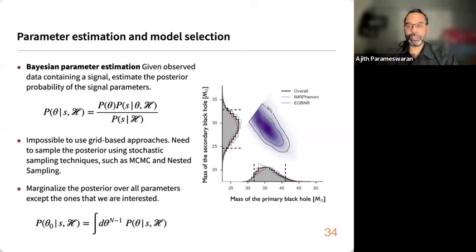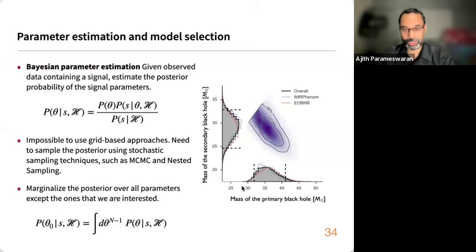So using a stochastic sampling method like Markov chain Monte Carlo, one basically computes samples from this posterior distribution. And often, if you're interested in one set of parameters, let's say the masses of the 2 black holes, we can marginalize over the other dimensions, which can be done simply using a histogram, and compute the marginalized distribution of these 2 parameters.